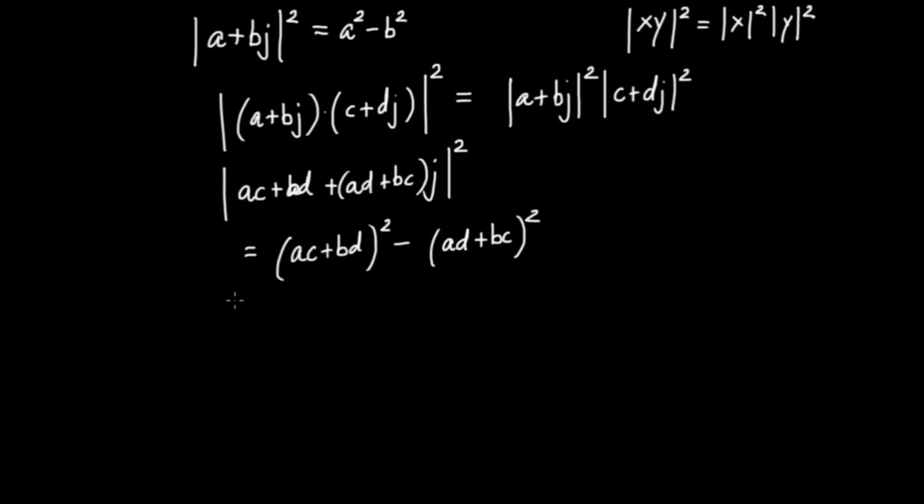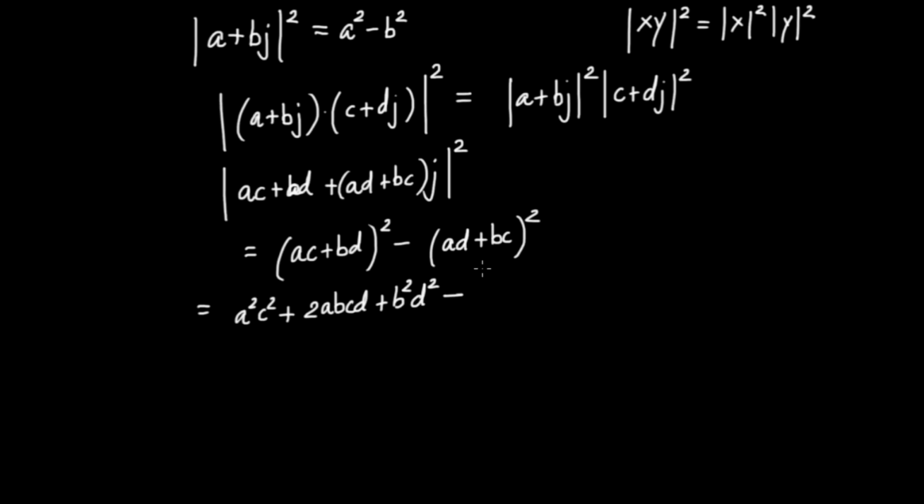Now I'm going to square out that term there. So I see that's equal to a squared c squared. I'm going to have 2abcd. I'm going to write that in the order a, b, c, d. Then my last term is going to be b squared d squared. And hopefully this looks familiar to what we did in the complex numbers.